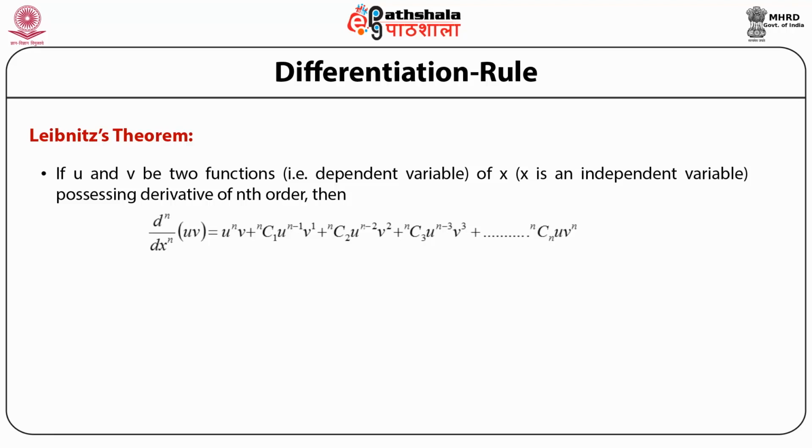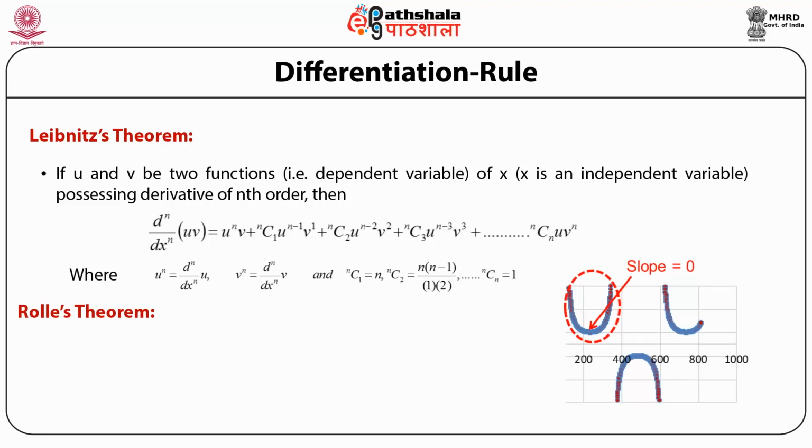So, the nth derivative of uv is going to be the nth derivative of u into v plus nC1 into the n minus 1th derivative of u into the first derivative of v, and similarly it keeps on going, and the final term is going to be nCn u times the nth derivative of v with respect to x.